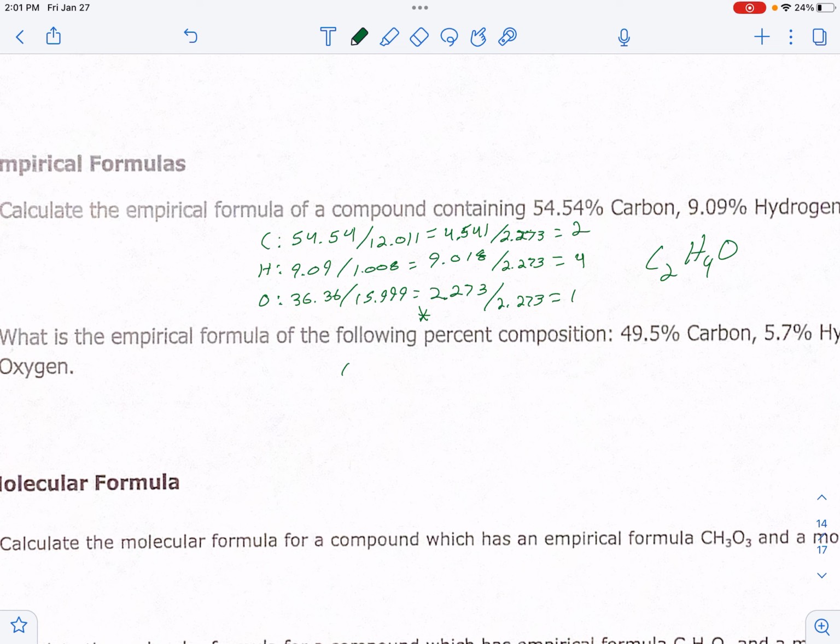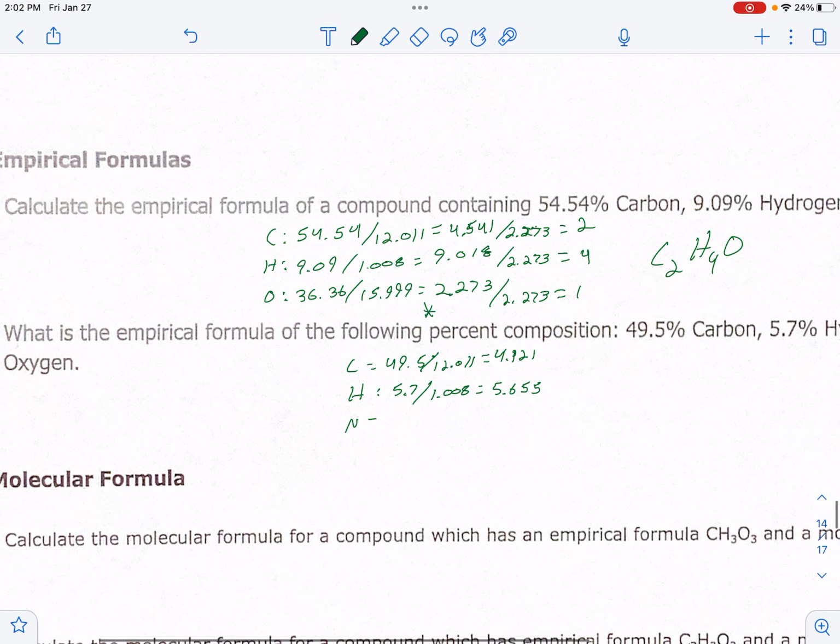So carbon, I'm going to take that 49.5% and divide it by 12.011. I get 4.121. Hydrogen, I get 5.7% divided by 1.008, and I get 5.655.